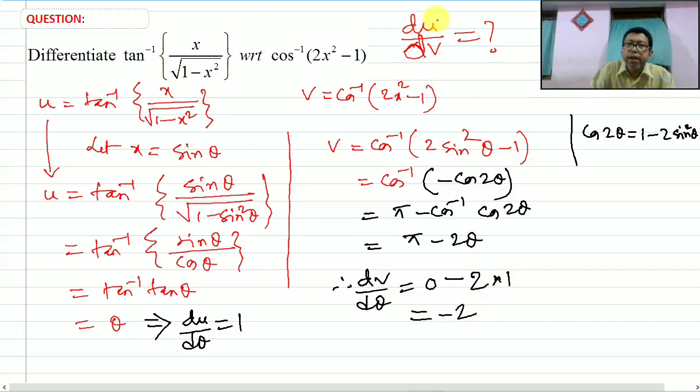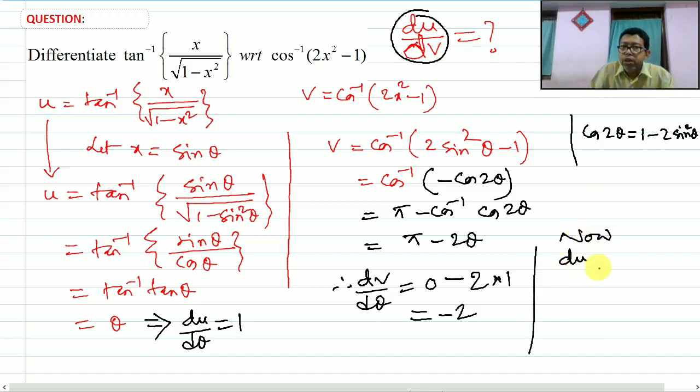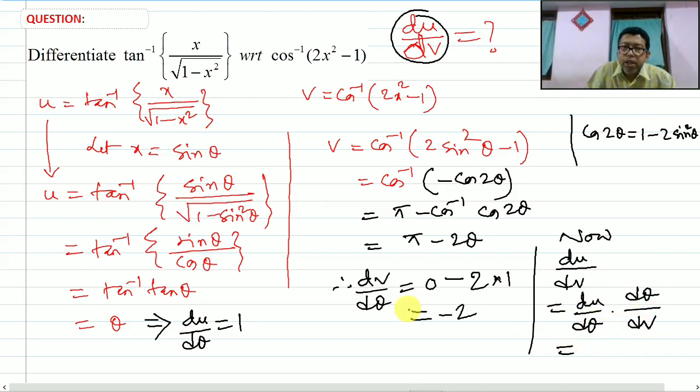Now what is your target to find? Your target is to find du/dv. Now for du/dv, you use the chain rule, so du/d theta into d theta/dv. What is du/d theta? It is equal to 1, just found, and dv/d theta is equal to minus 2, but you have to use d theta/dv, so it will be minus half.